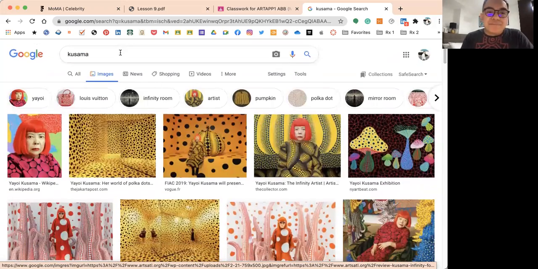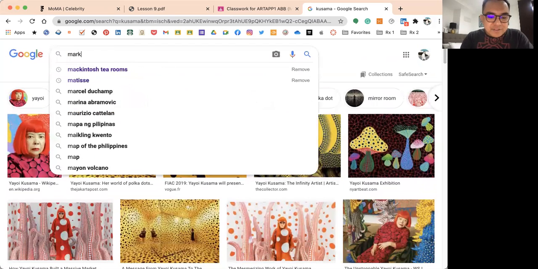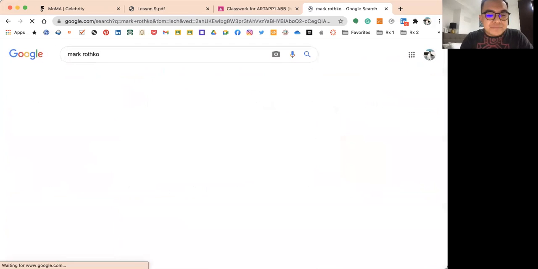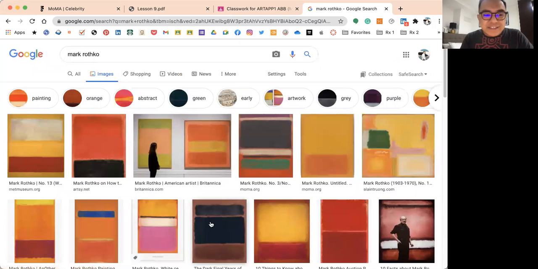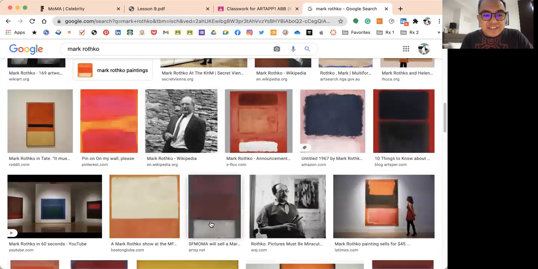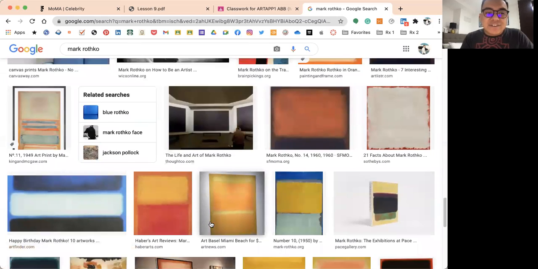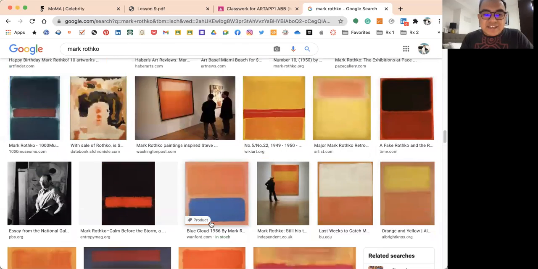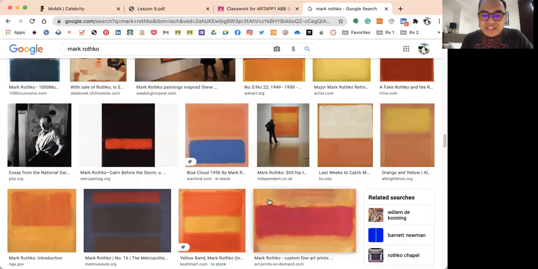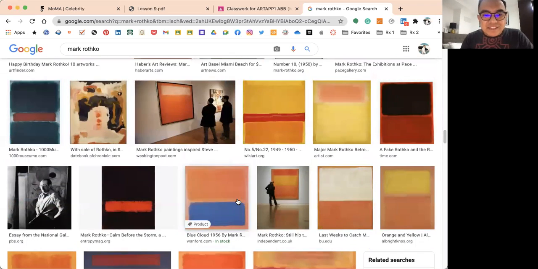Okay. Let's have Mark Rothko. We're just googling and looking at images, and you can already see the style. Whenever you see something like that, actually, that's my phone wallpaper right now. I double checked, it is this one.